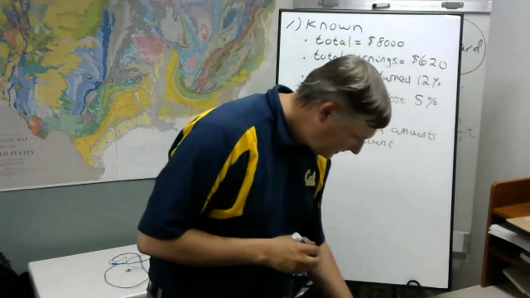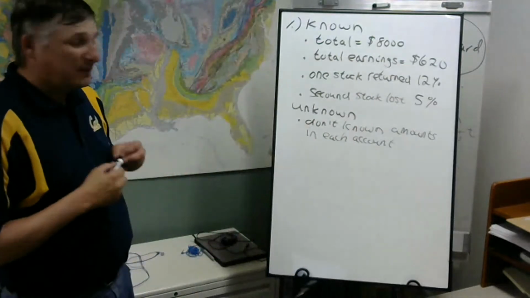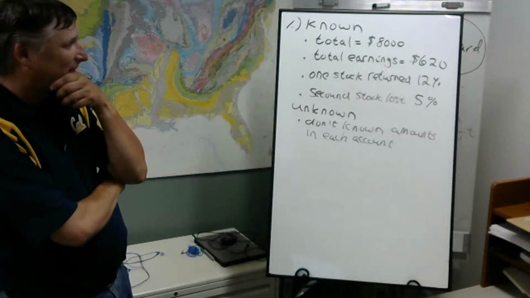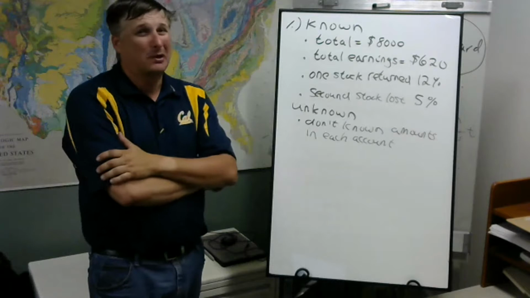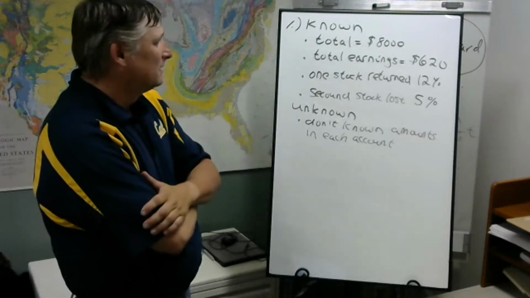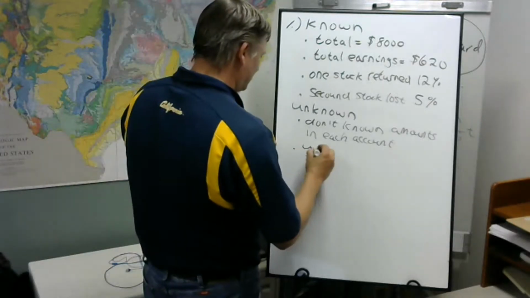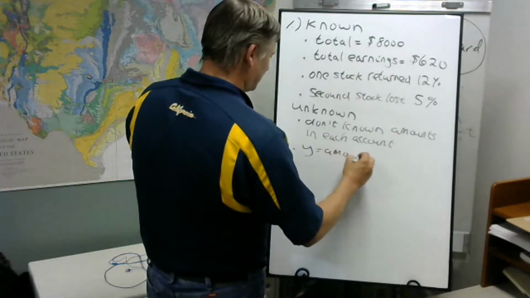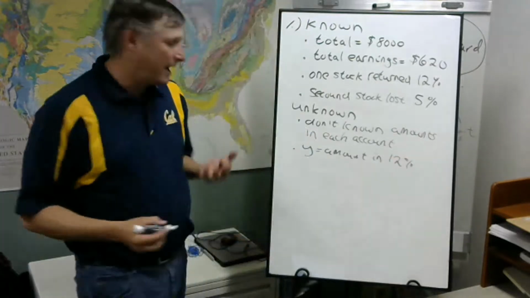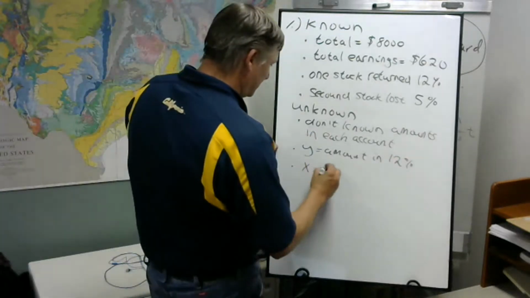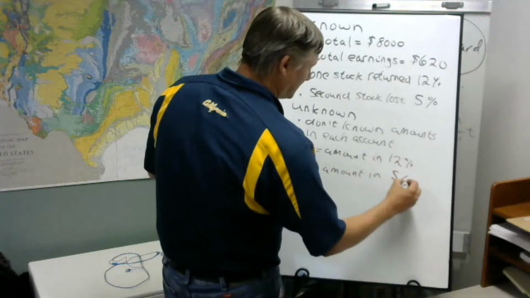Let's check one last thing here. All right, so that's what we don't know. This is a problem where you might come up with two unknowns. Now, what we could say is that Y is the amount in the 12%, and X is the amount in the 5%.